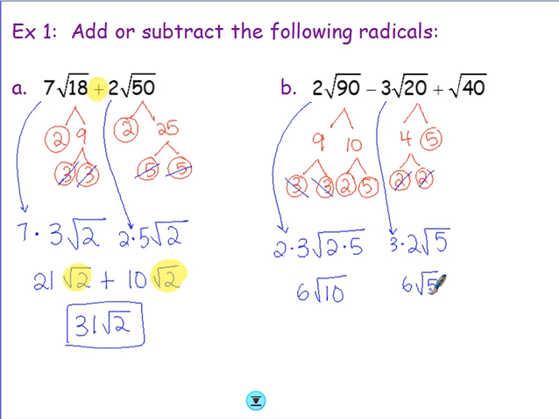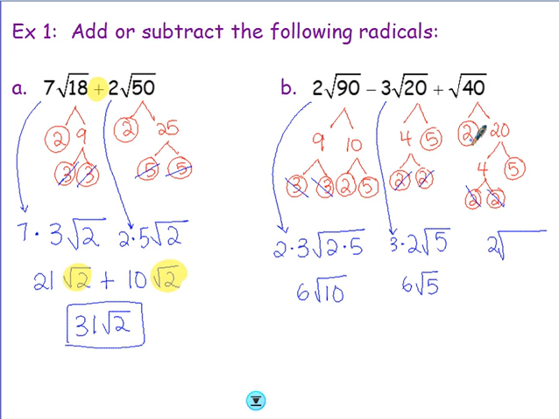Then we have a 40. 40 is 2 and 20. 20 is 4 and 5, and 4 is 2 and 2. Our pair of 2's, we're going to cross off. Outside of the radical is a 2.